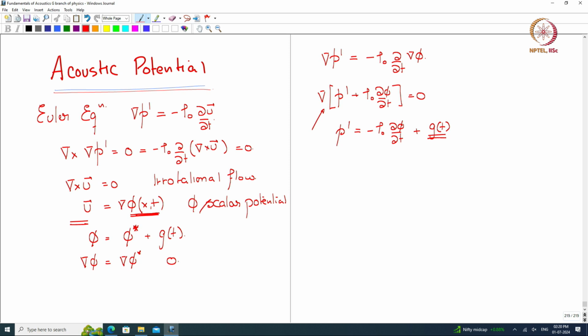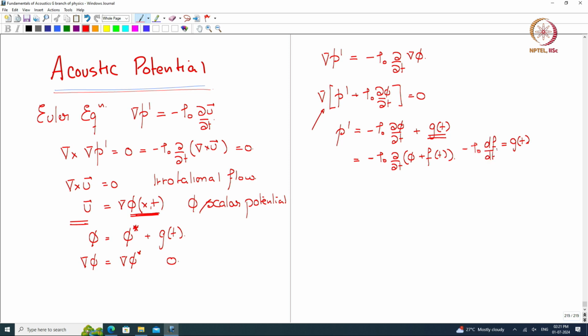Instead I am going to write this as minus rho 0 del by del t of phi plus f of t, such that del f by del t is equal to g of t, or df by dt. It is a function of time only. So minus rho 0 df by dt is equal to g of t.